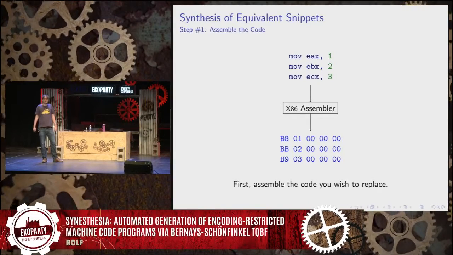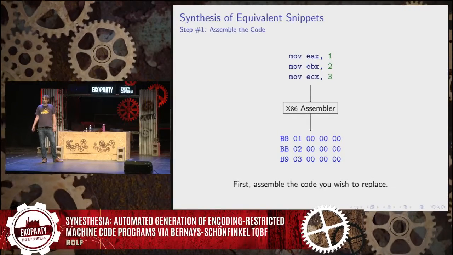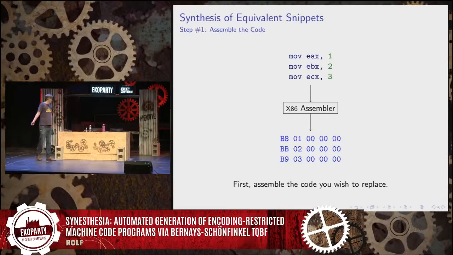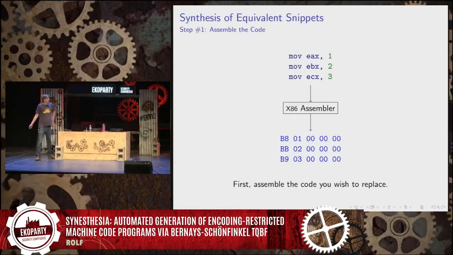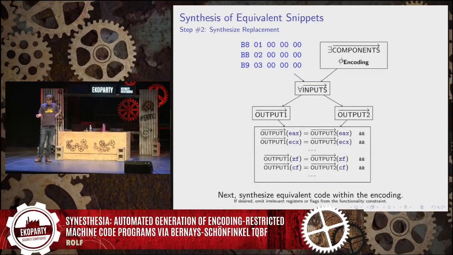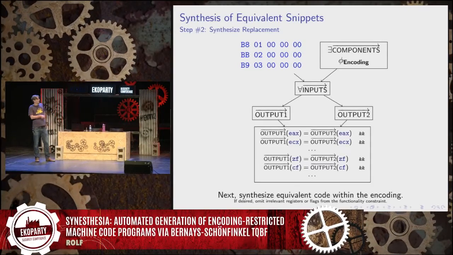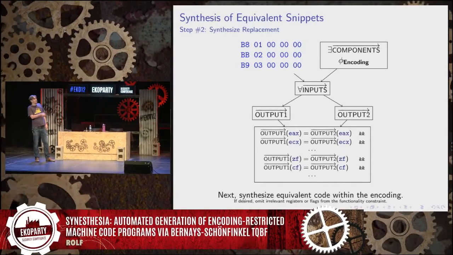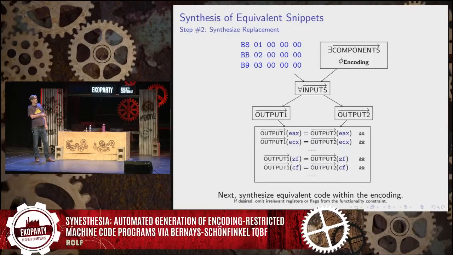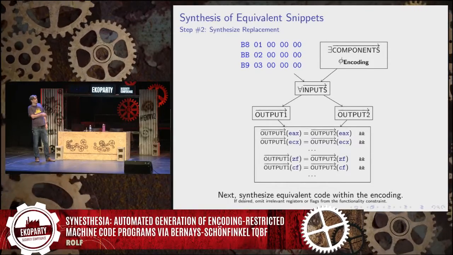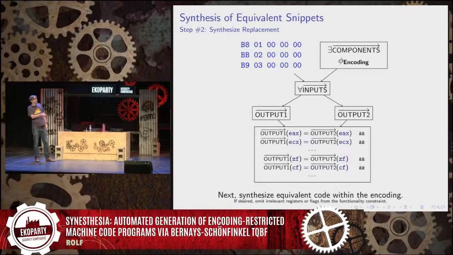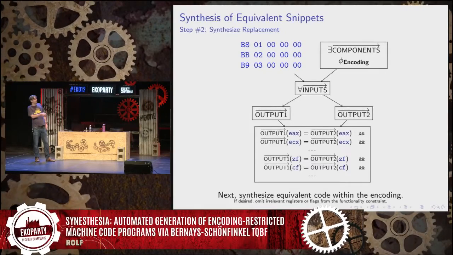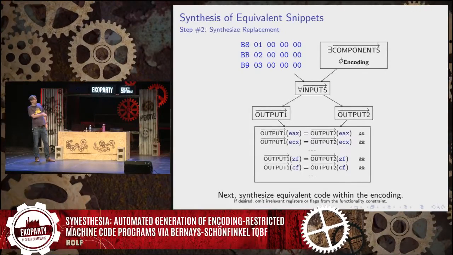If this is my existing program that does what I want, and then I assemble it into machine code, I can just represent what impact it has on the machine state, and then use that as my functionality constraint to synthesize a new program, where here is my synthesis of the machine language program.